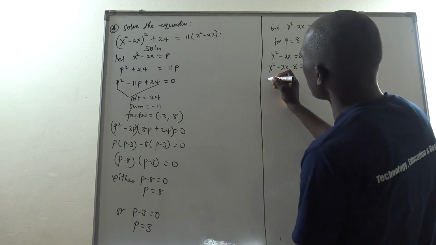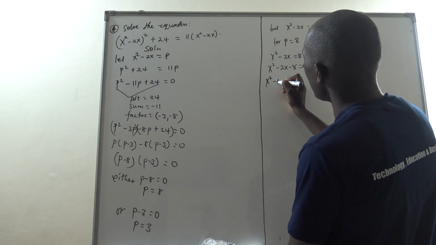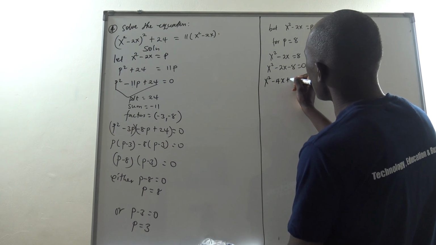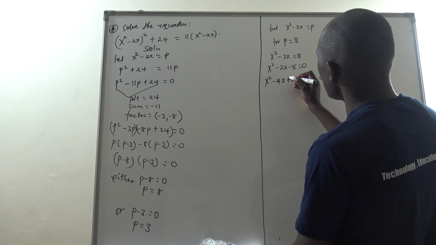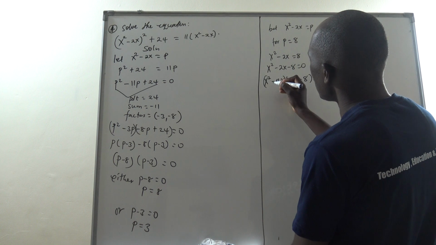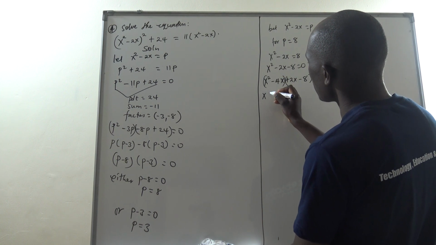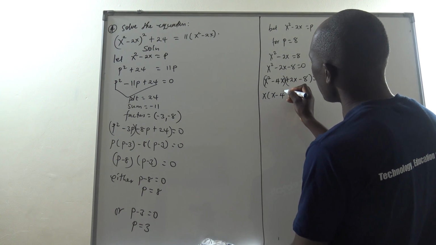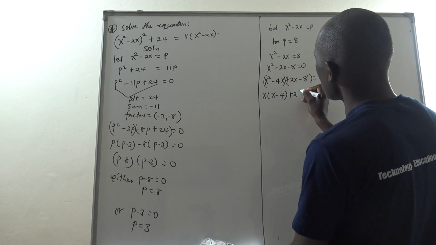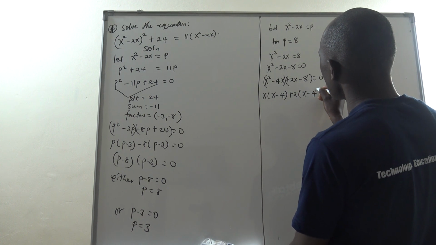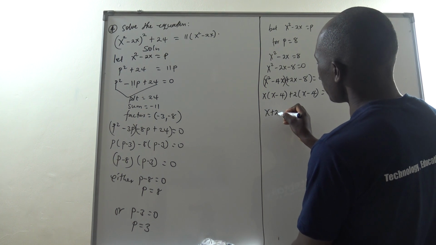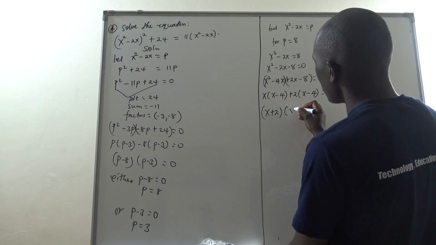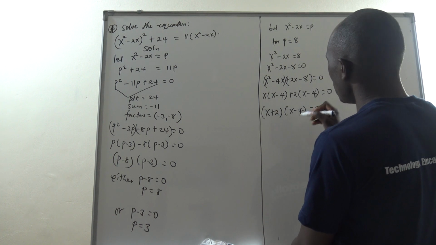So we are going to substitute and we say x squared minus 4x plus 2x minus 8 equals 0. This and this, this and this. So what is common is x into x minus 4, and what is common is a plus 2 into x minus 4 equals 0. So I've got x plus 2 into x minus 4 equals 0.